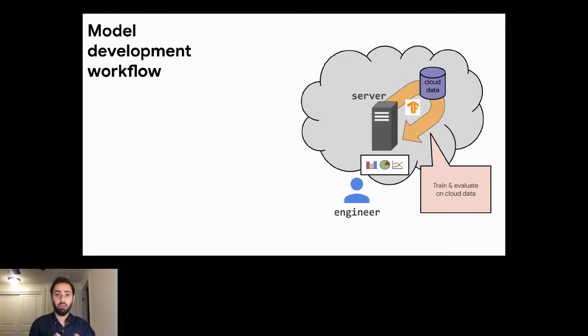The engineer in a team, think maybe YouTube, maybe Gmail, any team at any company, would want to train a model to do some task of recommendation or personalization. They would submit a job to the cloud and say, I want to train this model. This model has the following architecture. I want to train it on this data for this many rounds. I want to use this optimizer. These are hopefully things you've seen before in the last session.